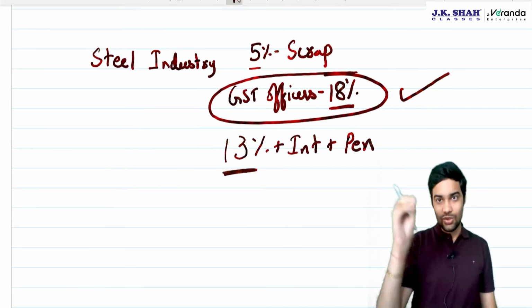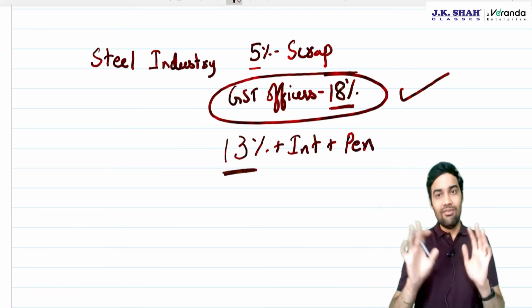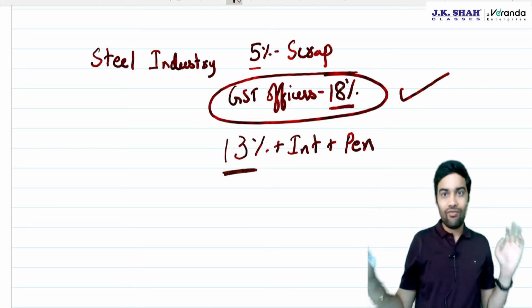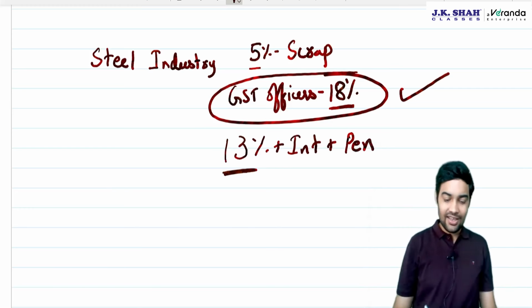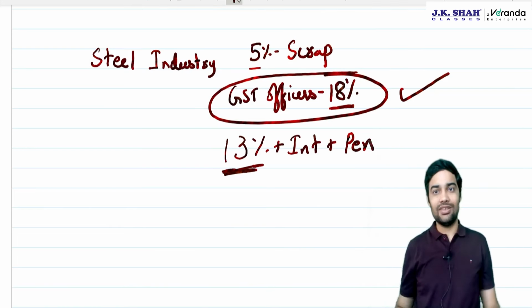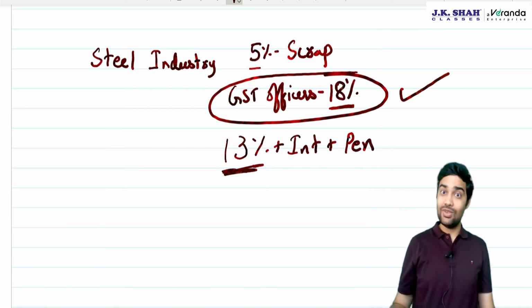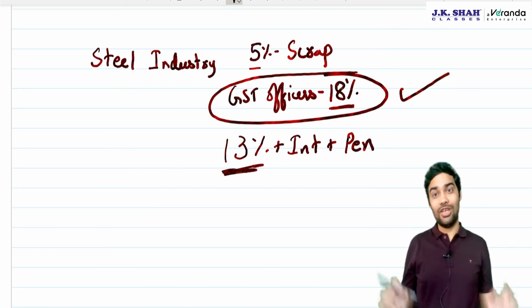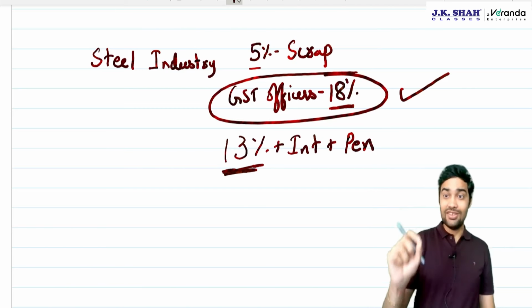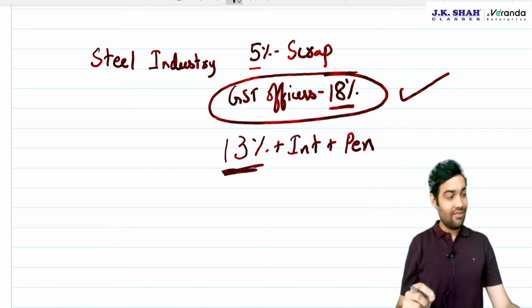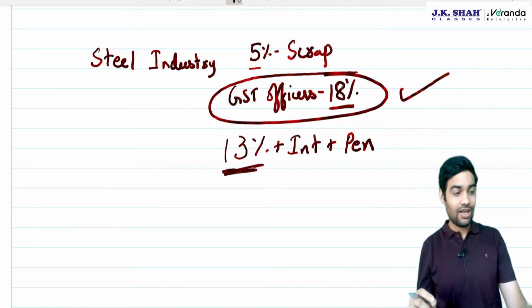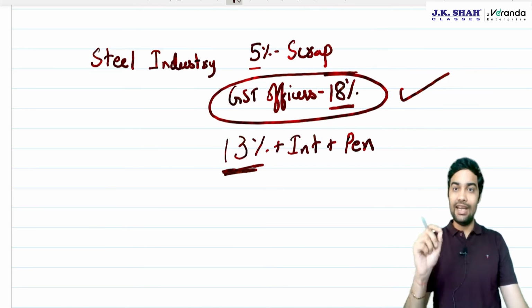So if something was due to an industry practice, government has the power to waive off the entire liability. No one will have to pay this. This is a special power of government where they can waive off a liability that arose due to an industry practice.